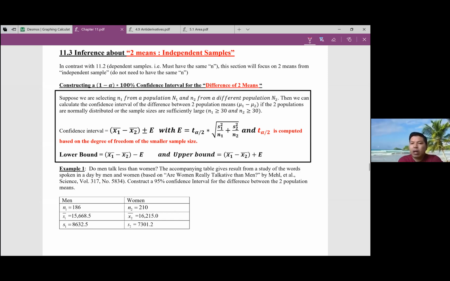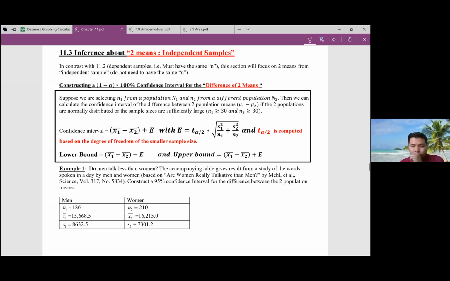And since they don't require the two samples to have the same size, when we are choosing the degrees of freedom, we might get stuck considering which one we should choose.